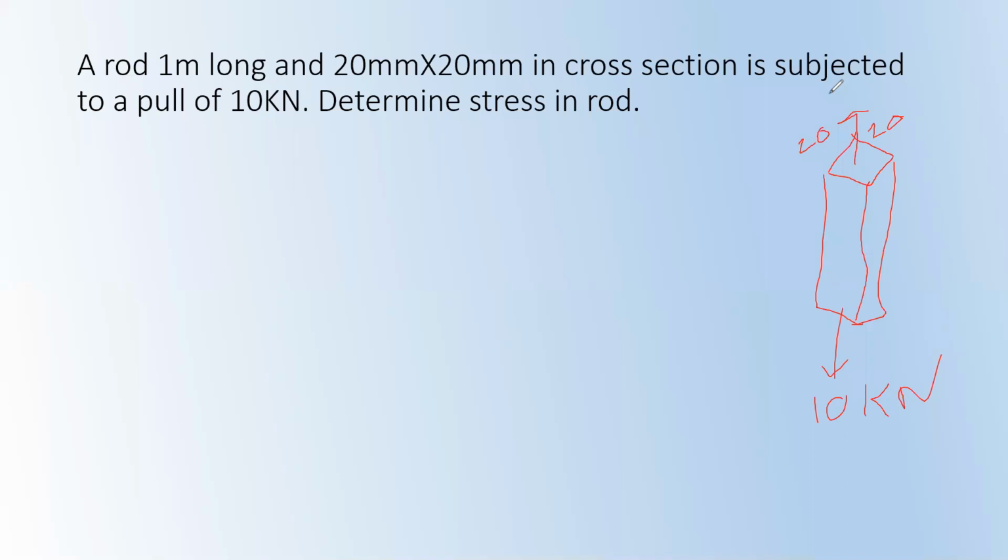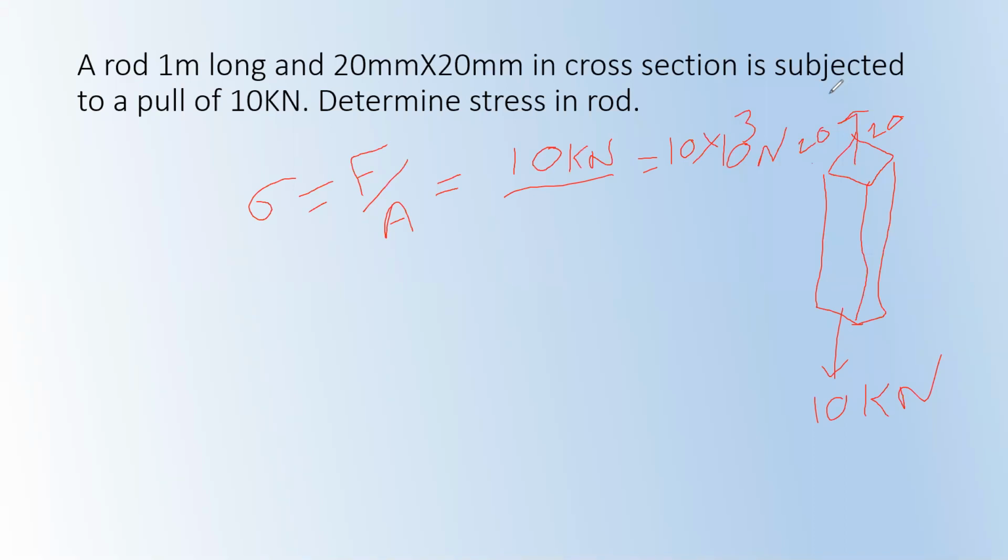First thing, we know that stress is equal to force per unit area. How much force is applied here, friends? That is nothing but 10 kilonewton. But I have to convert it into Newton, so that will become 10 into 10 raised to 3 Newton. And the second thing, what is the area?